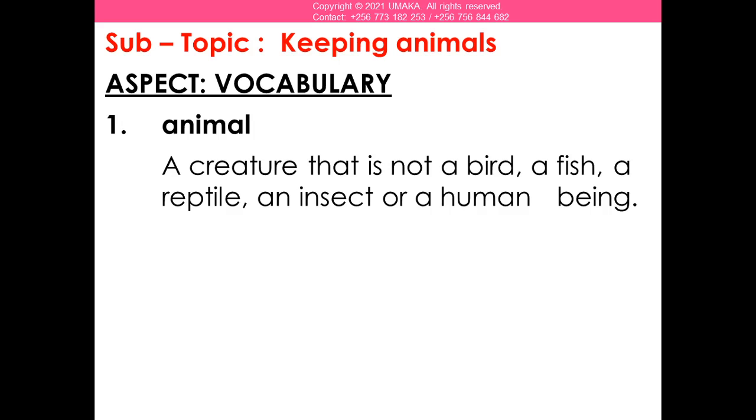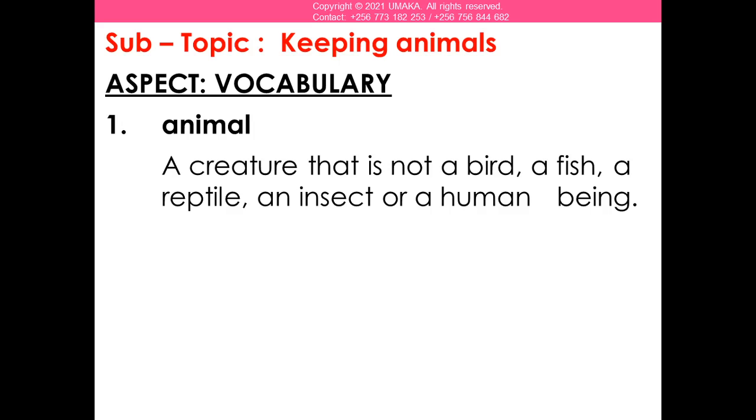So that's what we are going to discuss in this subtopic. So you can define an animal as any creature that is not a bird, not a fish, not a reptile, not an insect, or a human being.